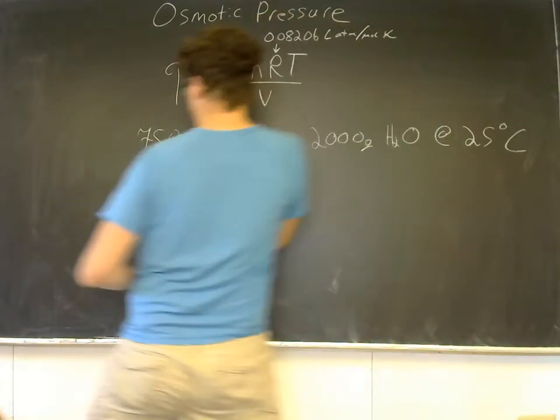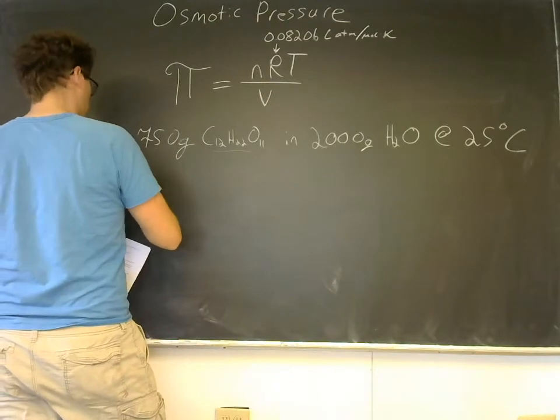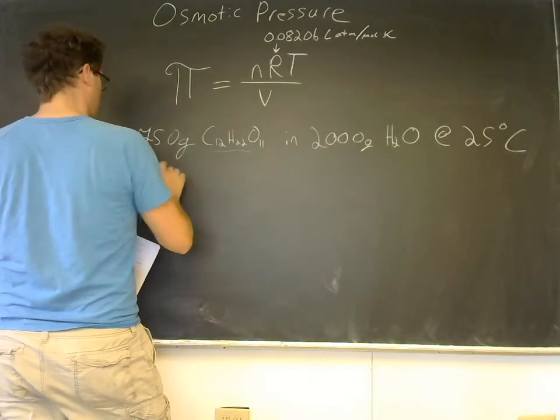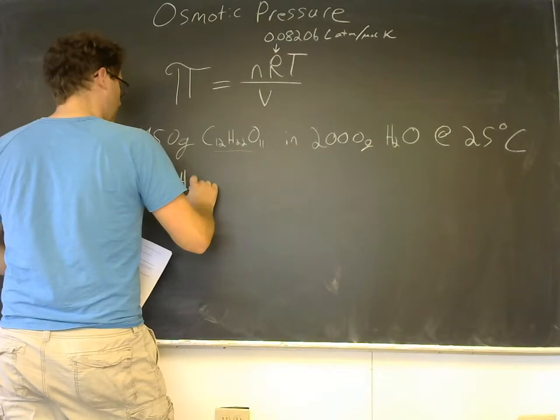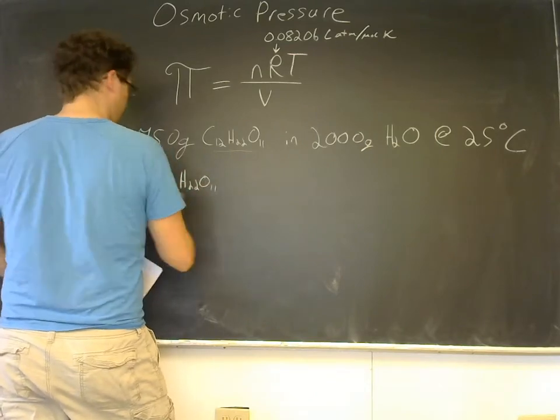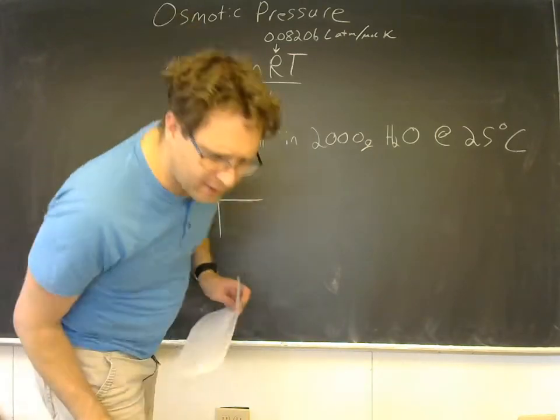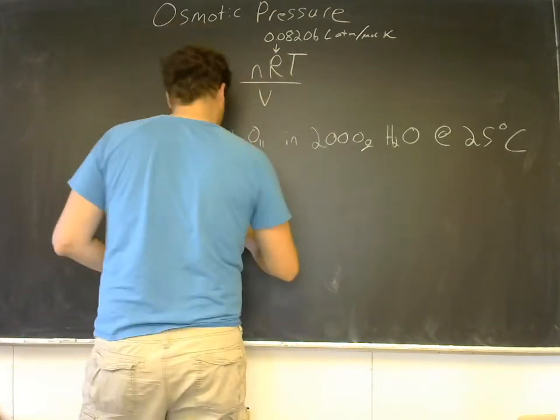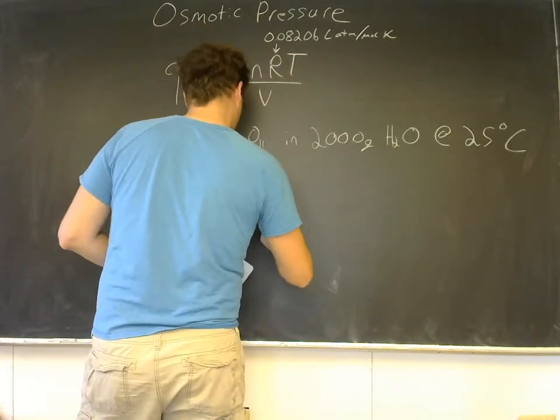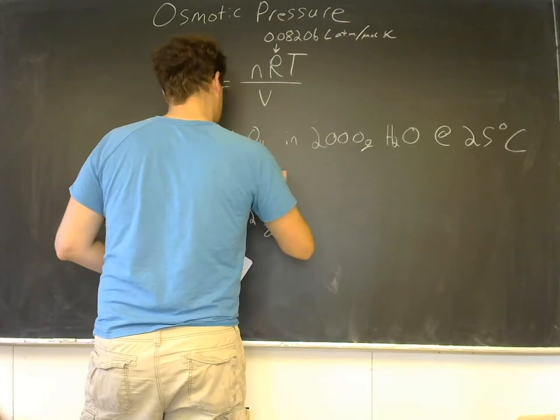So we have 75 grams of C12H22O11. 342.3 grams is 1 mole.